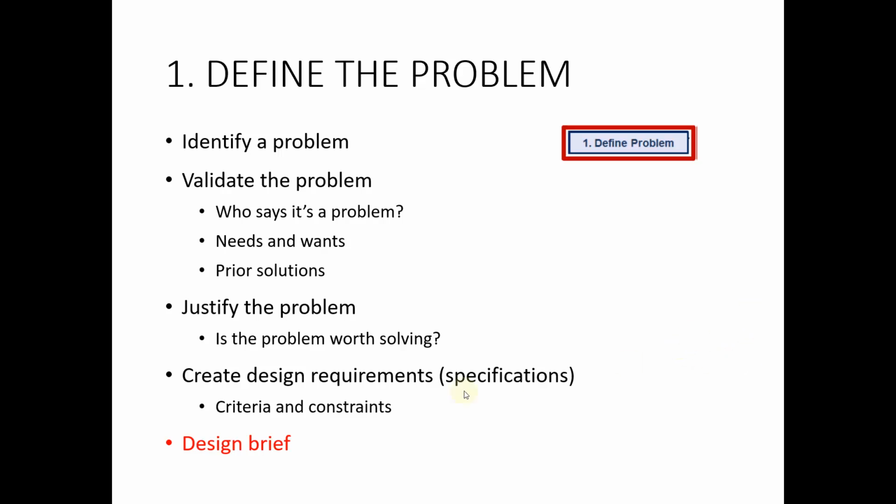Then create design requirements or specifications. So when a customer says about a requirement, he does not have a very clear idea of what the final product should be like.